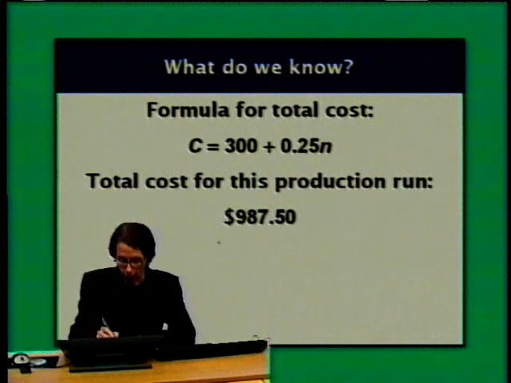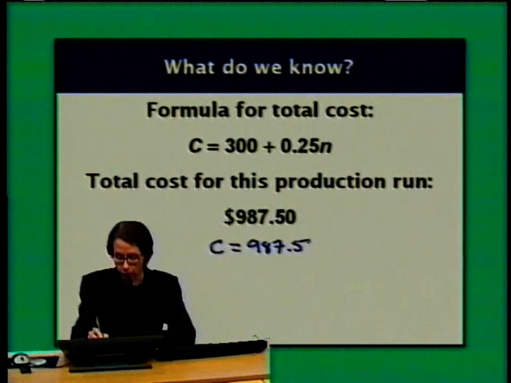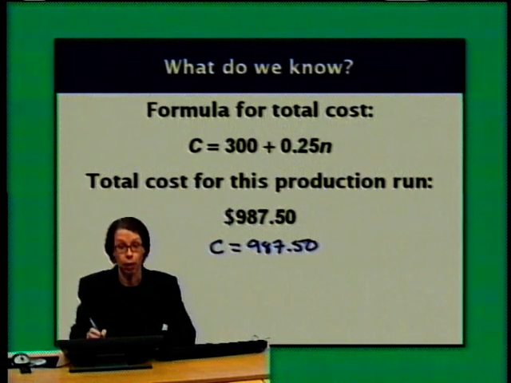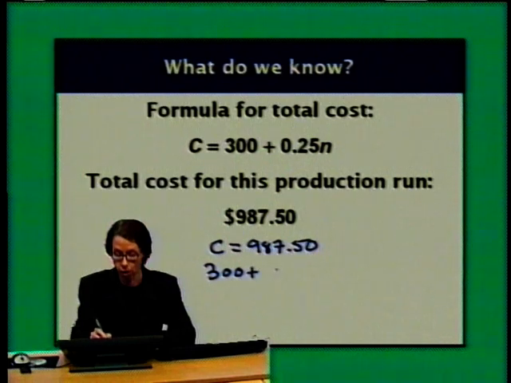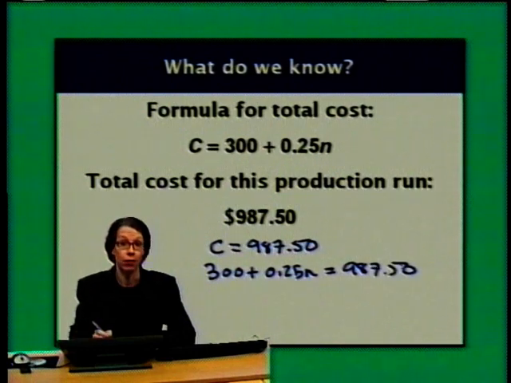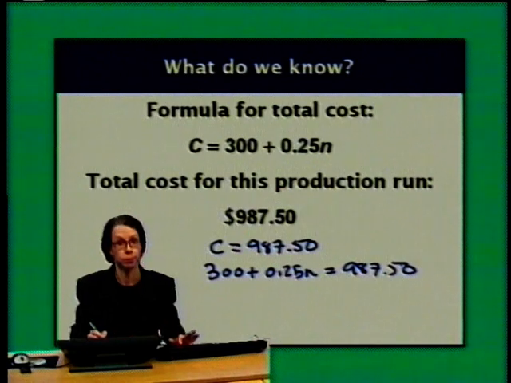So I know that the costs are $987.50, and I can replace the letter C with the expression that represents the total cost. And now I have a linear equation which I can solve for N to answer the question.